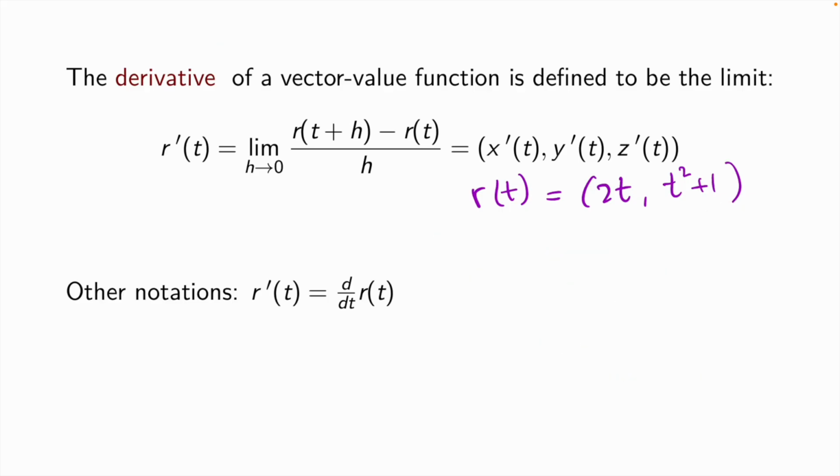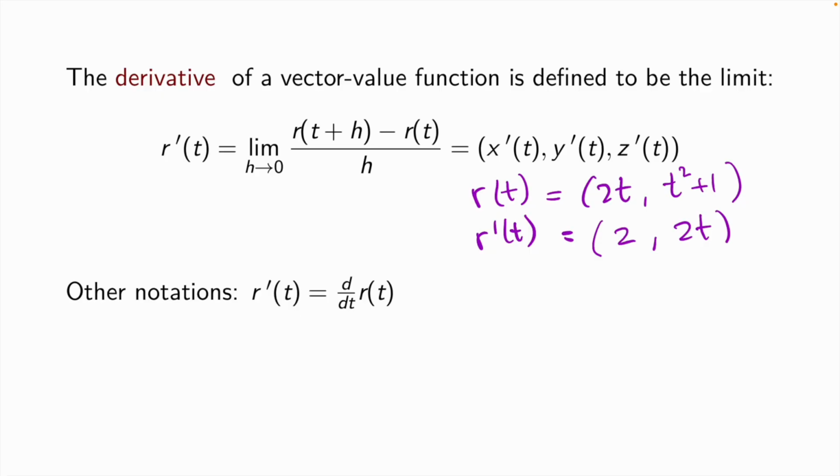If we want to calculate the derivative of the function, the derivative is going to be the derivative of each of the components of the vector. So the derivative of 2t is just 2, and the derivative of t squared plus 1 is 2t. So this is the derivative of the vector value function.